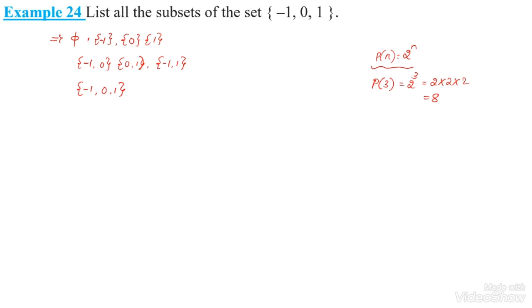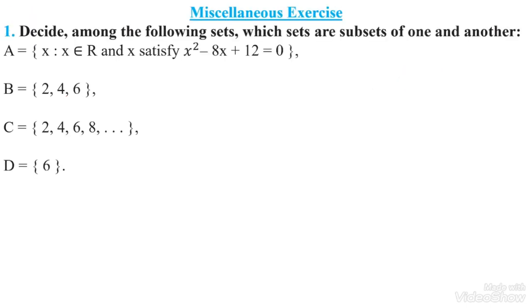Now let us move on to the miscellaneous exercise problems on the concept of sets. The first question is: decide among the following sets which sets are subsets of one another. We have to check the sets A, B, C, D one by one, and then check which one is the main set and which one is the subset.